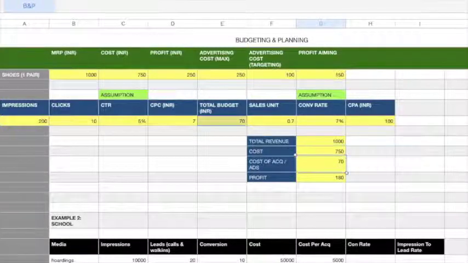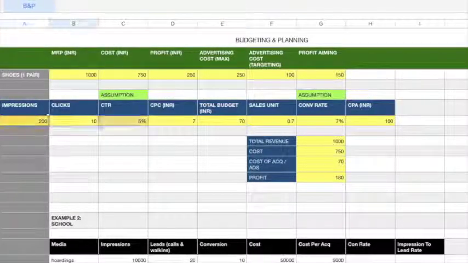My budgets have reduced to 70 bucks, right? So if you can create this kind of an Excel sheet, putting in formulas, you can actually plan your budgets, your ROI, just by tweaking these two assumptions from here, right? That is how you derive your ROIs and budgets and planning process.